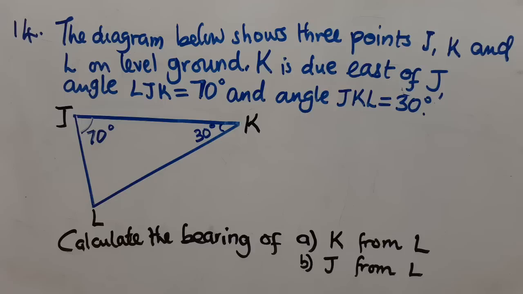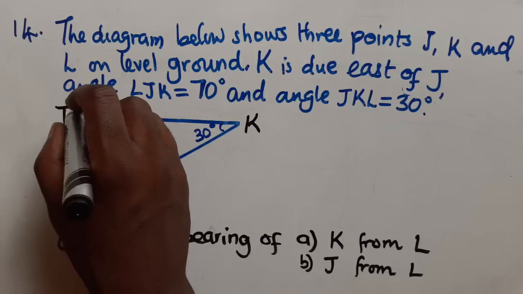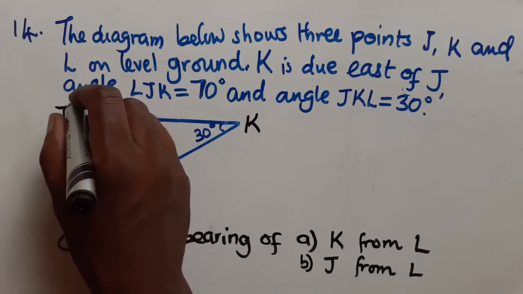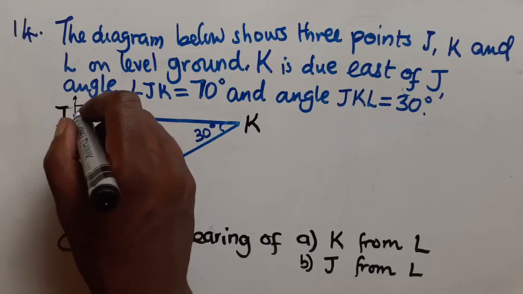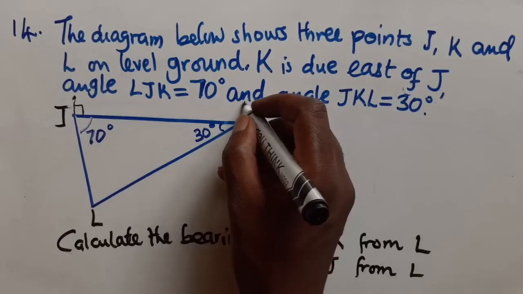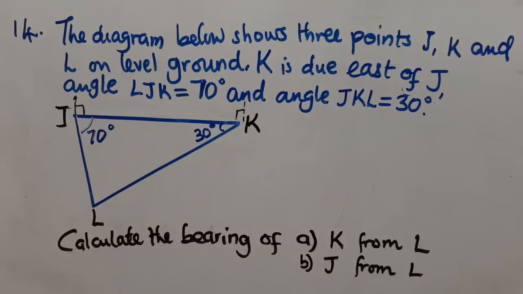K is due east of J. What that means is that this is 90 degrees here. That is what it means. Even this one here also, it's 90 degrees.